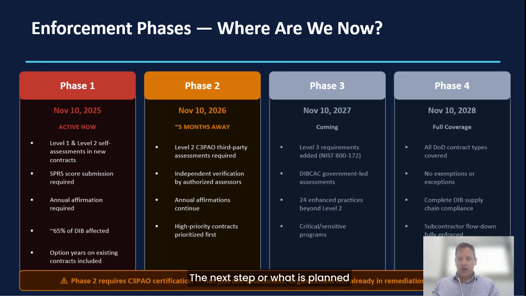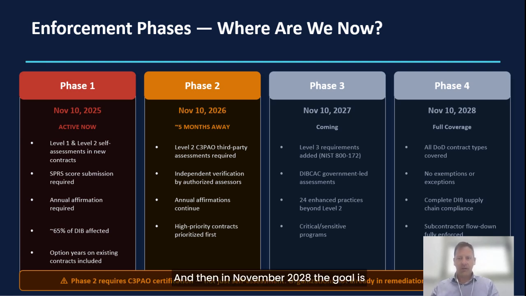The next step, or what is planned for us right now, is in November 2027. There is a will to go and enforce level 3 requirements. So that's another subset of settings and controls that need to be implemented.